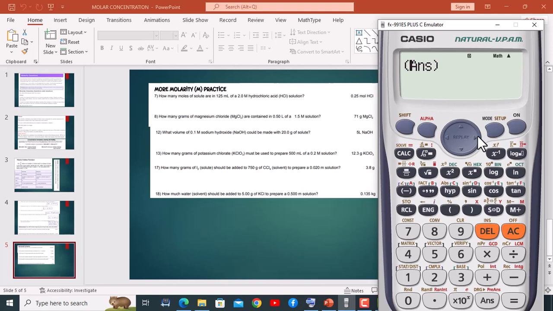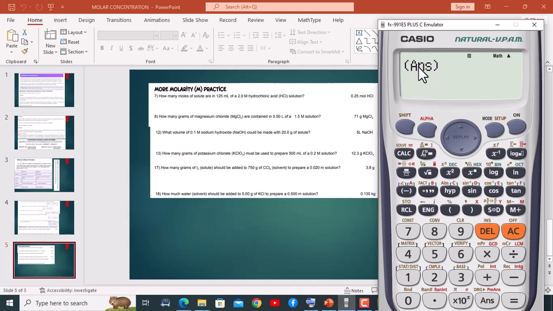And now what I'm going to do, now that I have the number of moles of magnesium chloride, is to find the mass, because I have the number of moles.